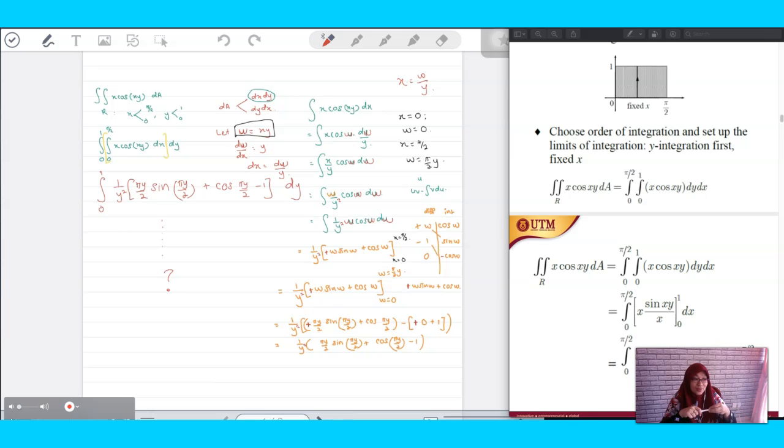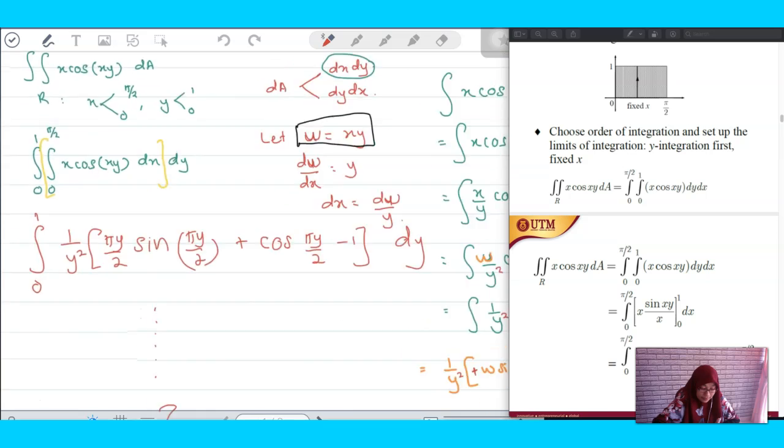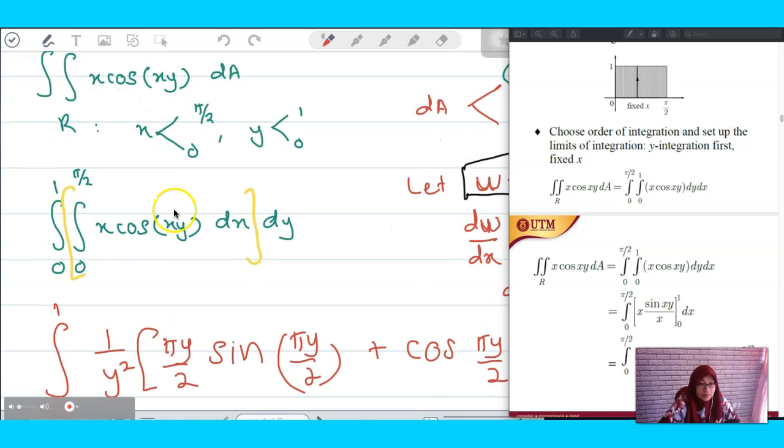So as I mentioned before, it depends on your understanding of how to integrate some functions. Because you can see from this example, you have the x cos xy and the x.